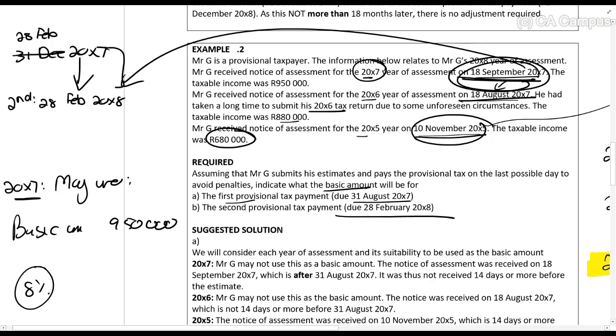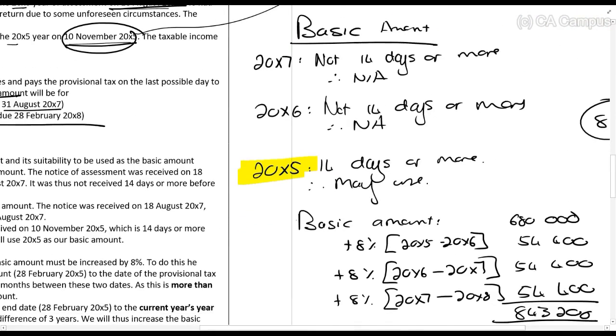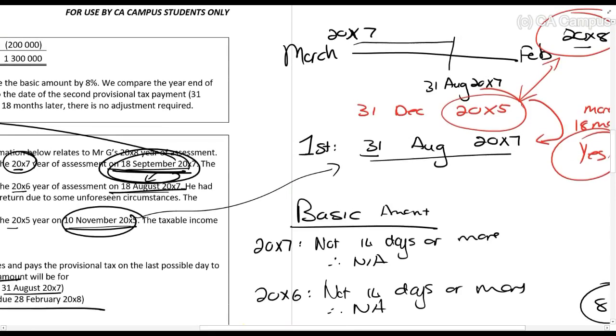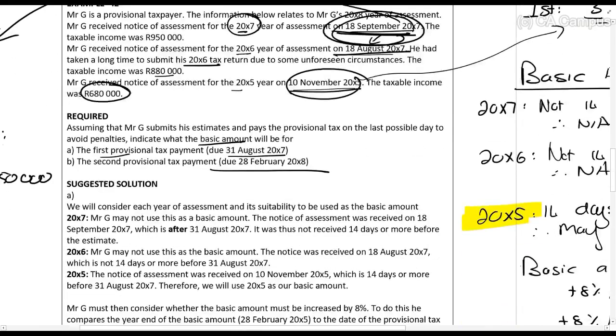It's exactly 1 year ago, so there's no need for adjustment. Also over here when I said 31 December 20x5, it's obviously just 28 February 20x5 that you compare. So just obviously year end to year end. I just used December there as a year end instead of February, which I should.